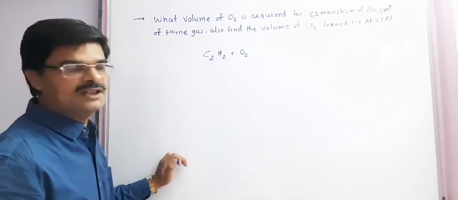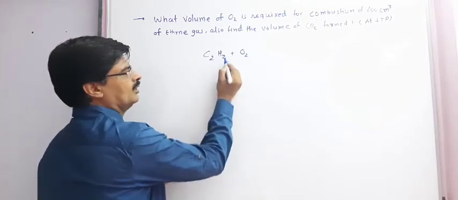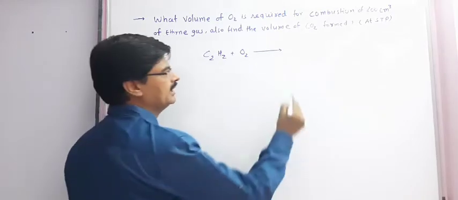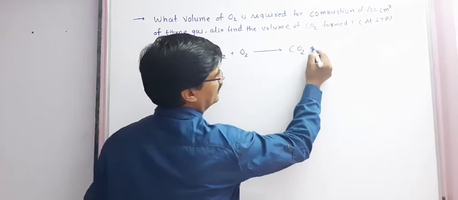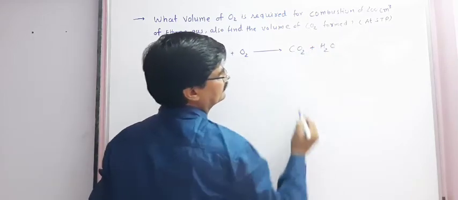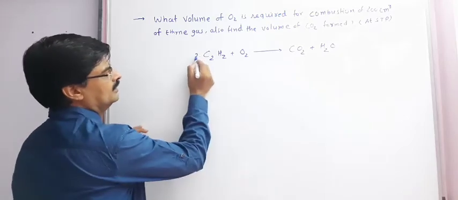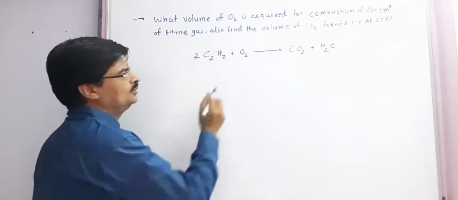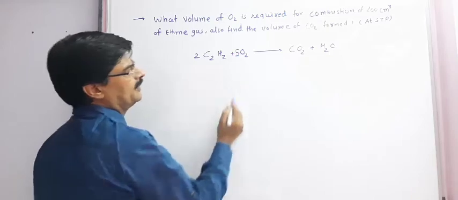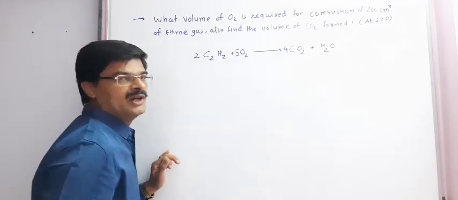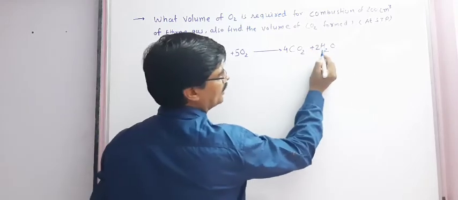C2H2, ethane or acetylene, when reacts with oxygen gives CO2 and water. Now on balancing this equation, we will get 2 moles of C2H2 and 5 moles of oxygen will give 4 mole of carbon dioxide and 2 mole of water.